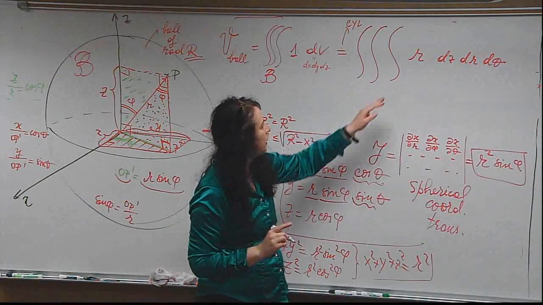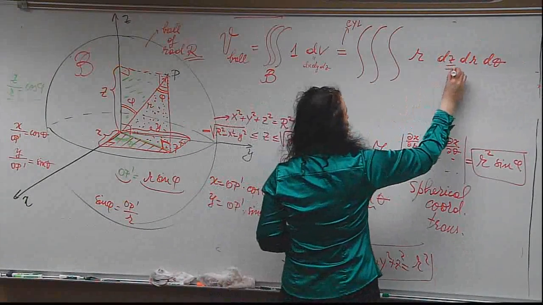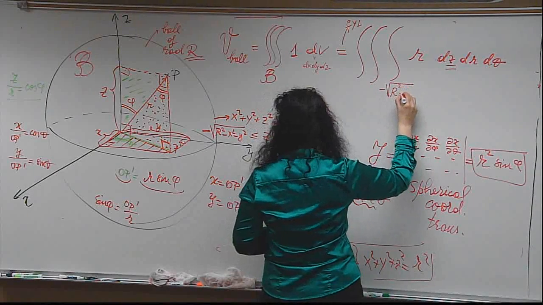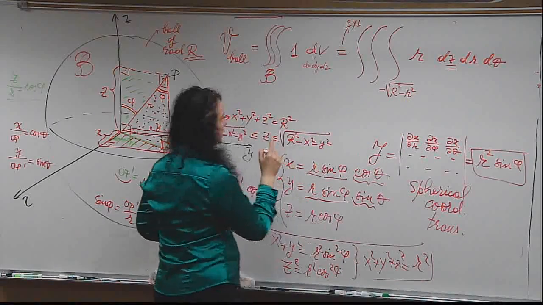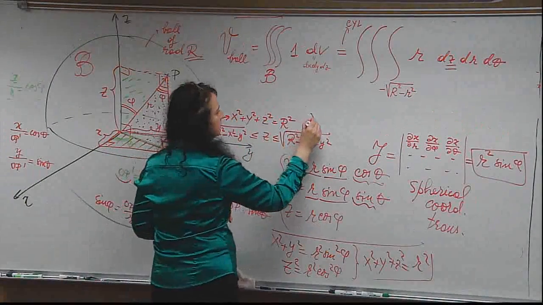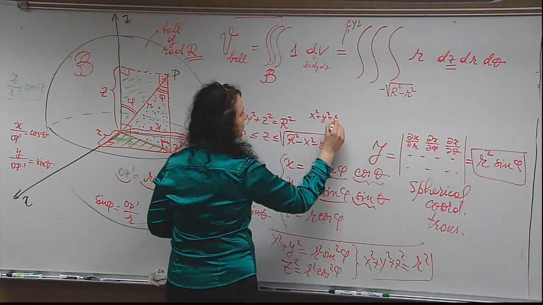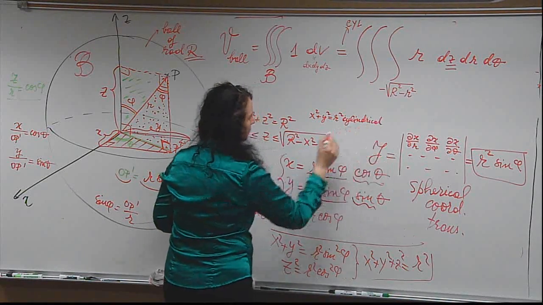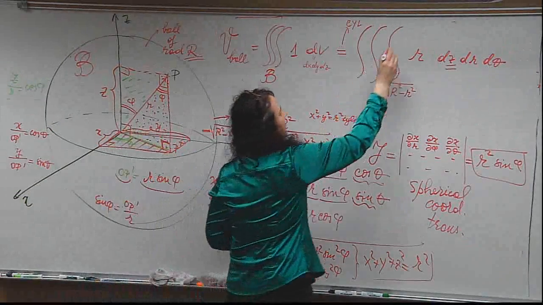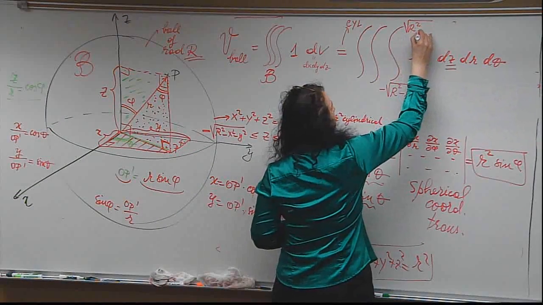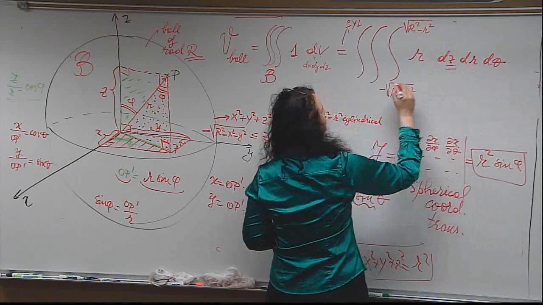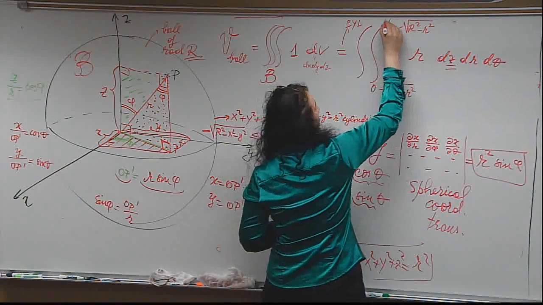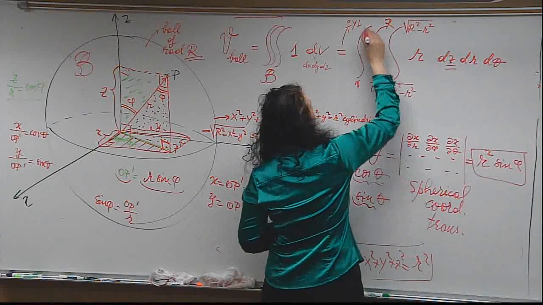At least in polar coordinates, z goes from minus square root of r squared minus little r squared, because x squared plus y squared is r squared in cylindrical, to the square root of r squared minus little r squared. Little r goes from 0 to r, and theta from 0 to 2 pi.